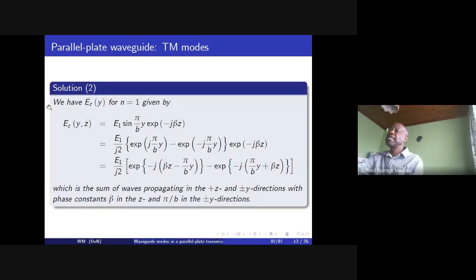So we have seen that Ez for n equal to 1 is given by E1 sin(pi y by b) exponent of minus j beta z. All we are required to do is to express this sin(pi y by b) in the Euler form, using the Euler formula, as the exponent of j pi y by b minus exponent of minus j pi y by b, divided by twice j, and multiplying those two.